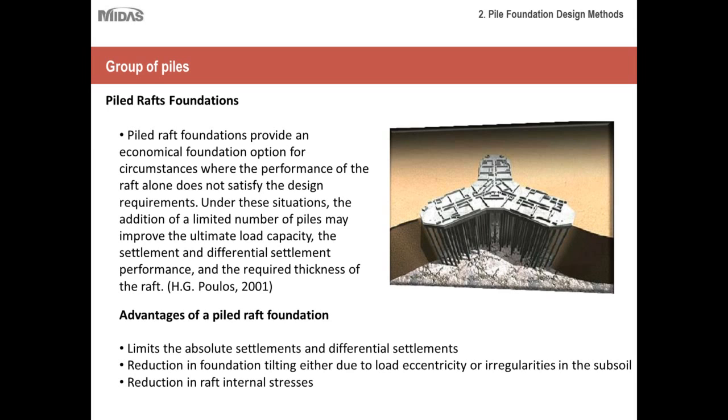And it leads to the reduction of the raft internal stresses. Like I said, now the raft is more uniformly supported all throughout, so there are fewer unsupported lengths. Therefore, the stress concentration is not that much, and it is more spread out over the raft. And this has made it possible to have rafts as deep as 15 to 20 feet, and to have hundreds of piles underneath it.